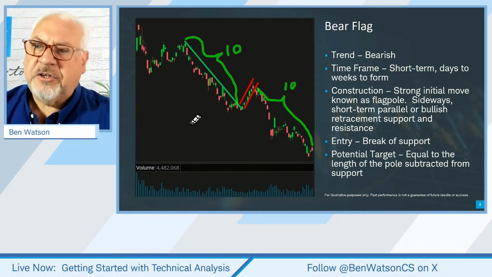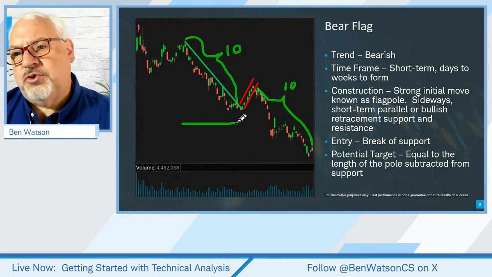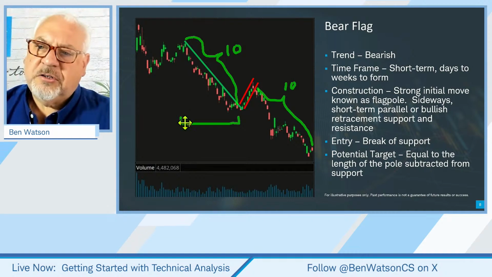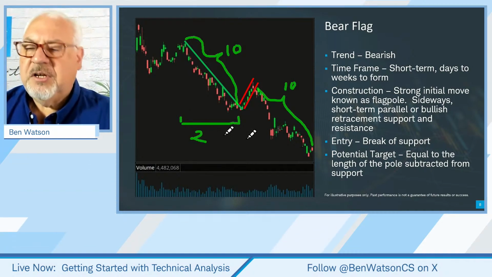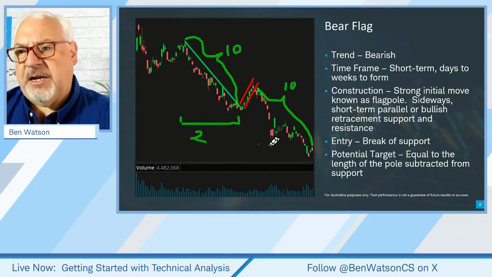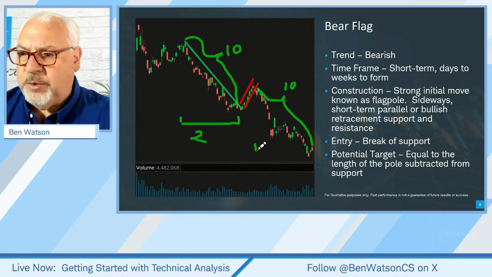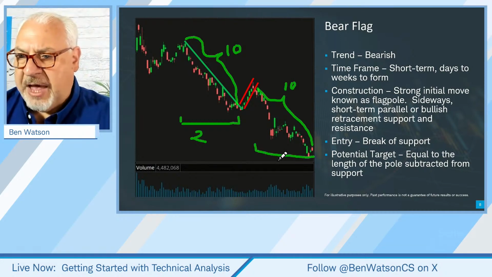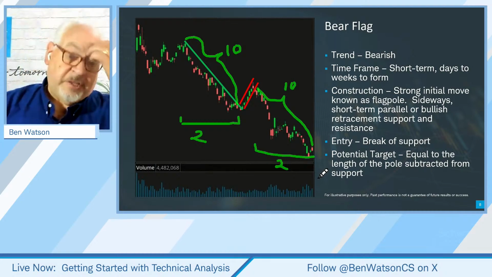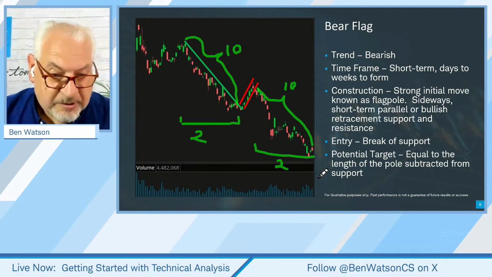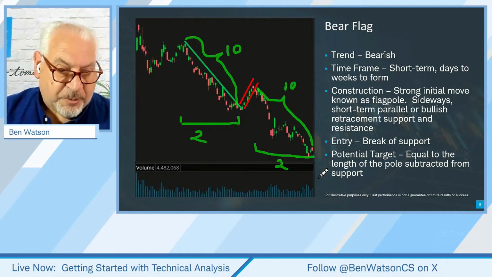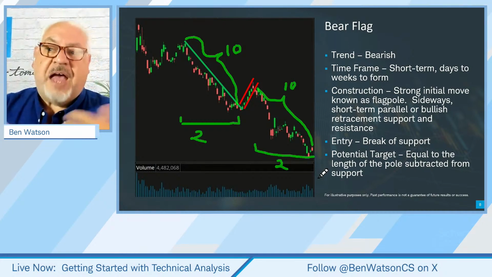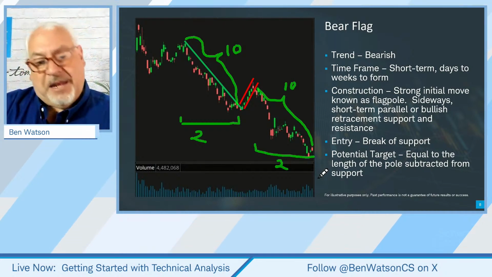And if it took, let's say, 2 weeks for that flagpole to be created, it may take 2 weeks for that target to be hit. There is some symmetry to that. And so when there is that symmetry, that gives us some planning capability.